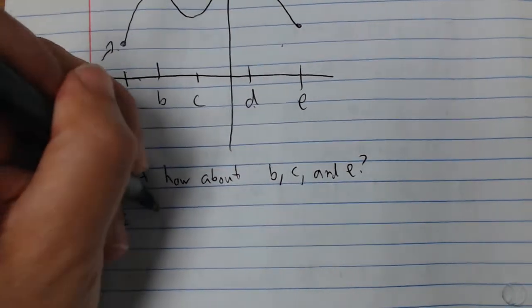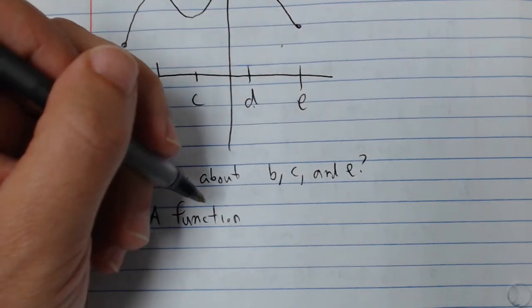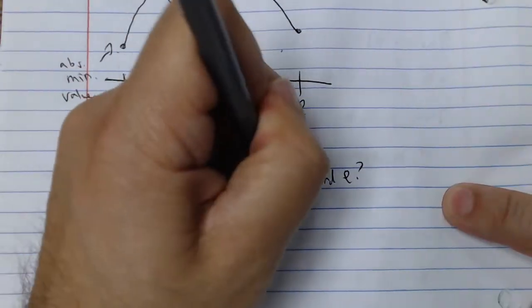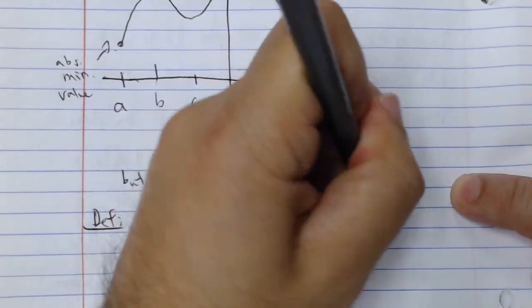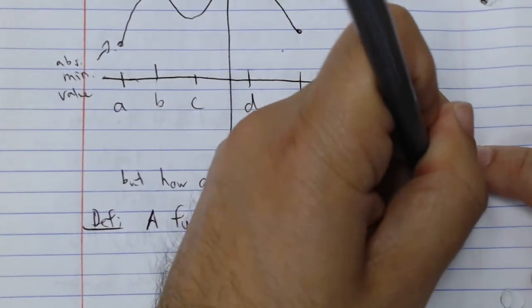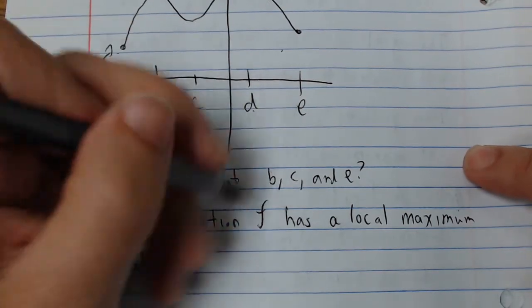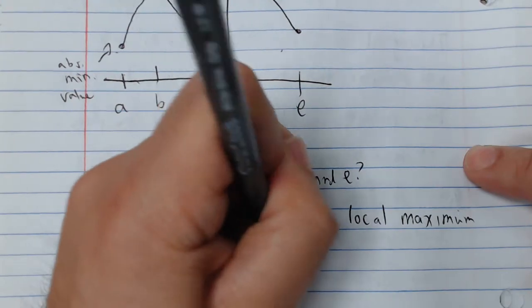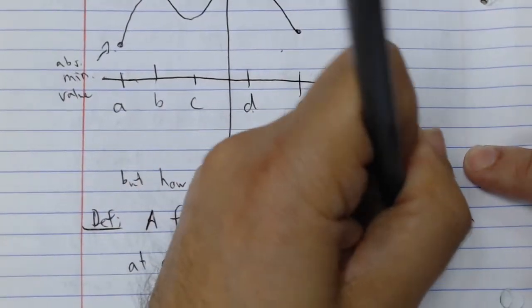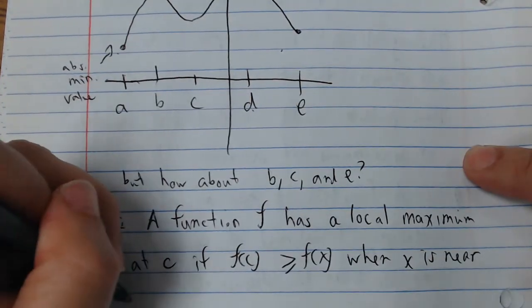Okay, so what we could say is that a function f has a local maximum at c if f of c is greater than or equal to f of x when x is near c.